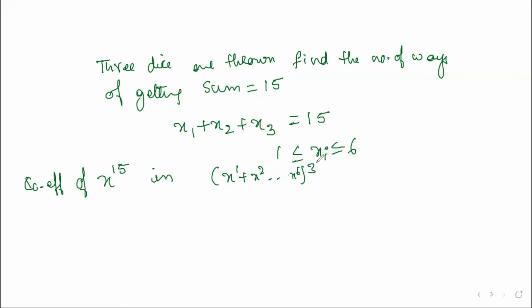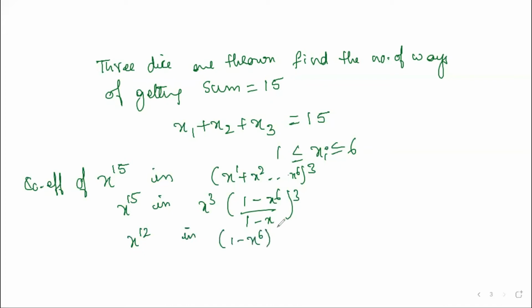Now, in order to find this coefficient, I can take out x common, but x cube will come out. And I have GP expansion of (1 minus x^6) by (1 minus x) whole cube. Now, finding the coefficient of x^15 is now reduced to x^12 in (1 minus x^6) whole cube into (1 minus x) whole power minus 3.